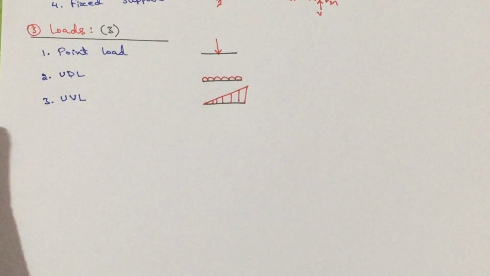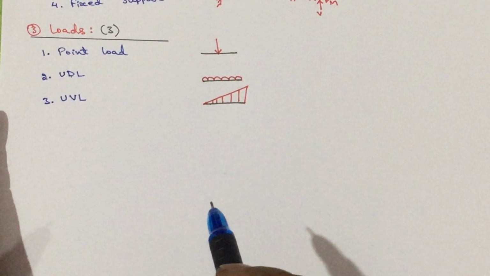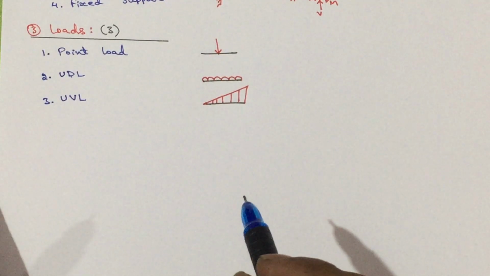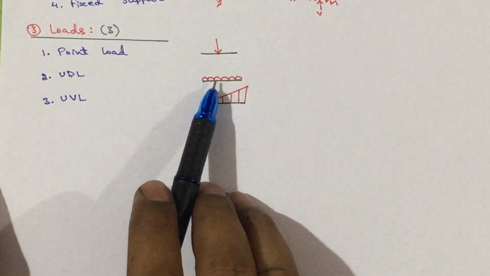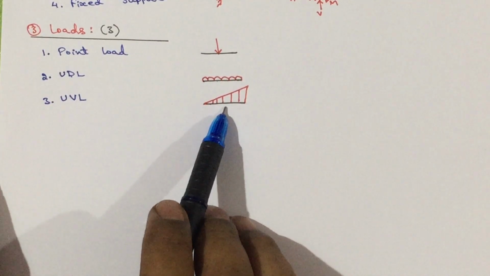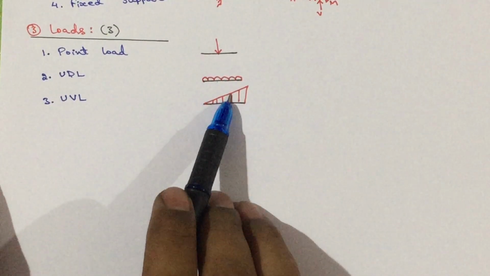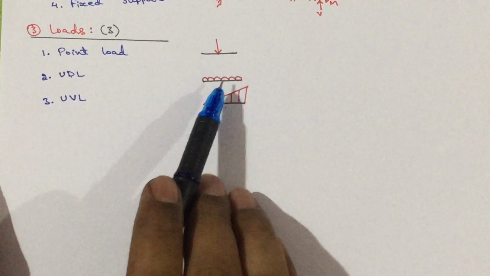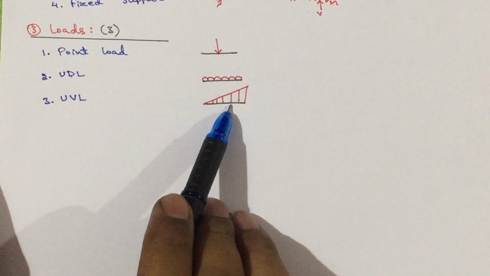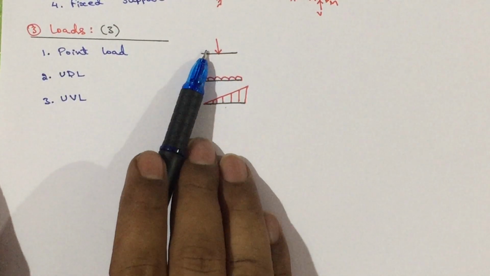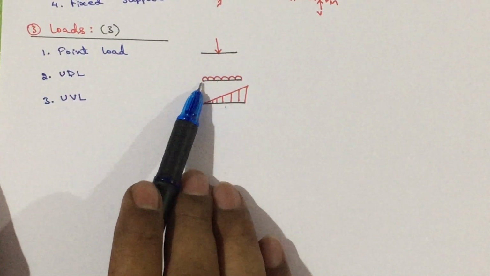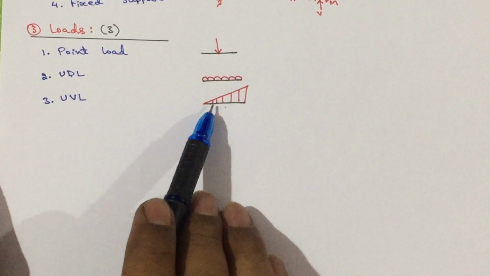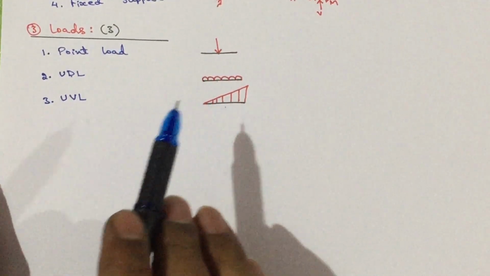And one more thing, while solving the problem, we need to write the free body diagram for the given diagram. While writing the free body diagram, whenever UDL and UVL is given, we convert that into point load. Here the point load is acting at a single point, but here the load is acting over multiple points, over the entire length.